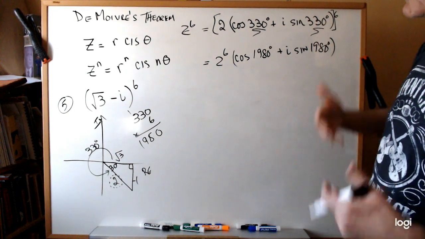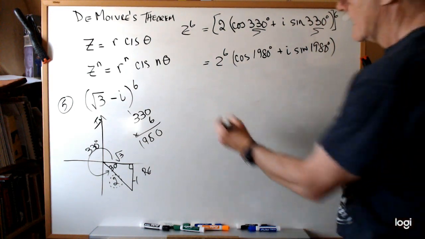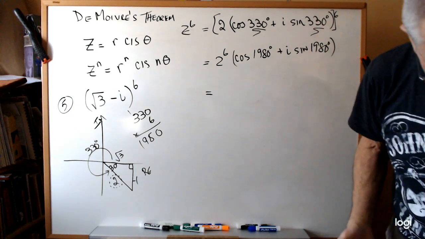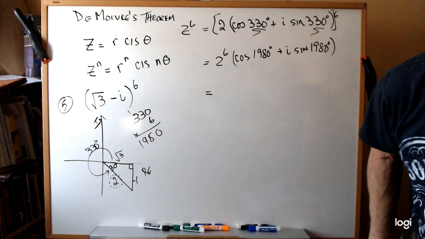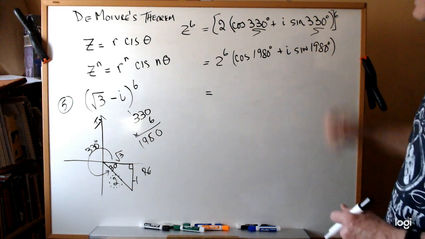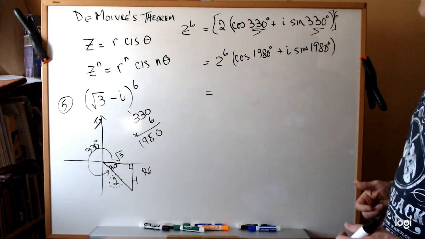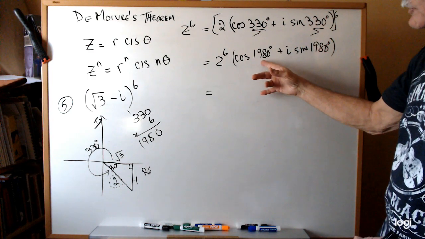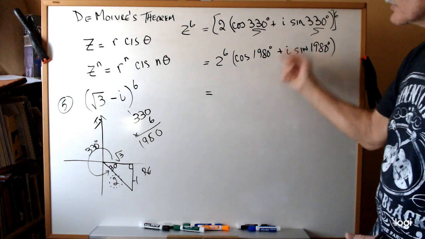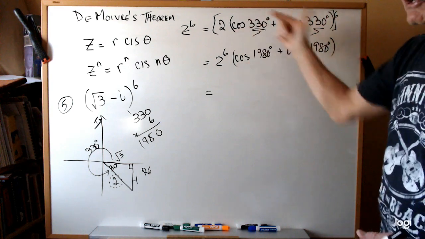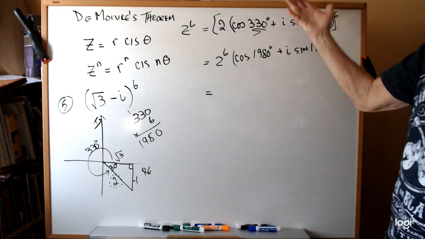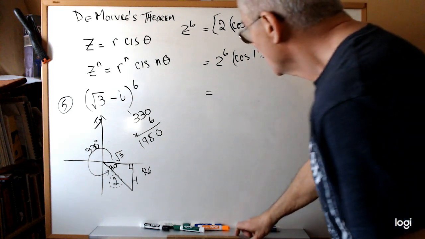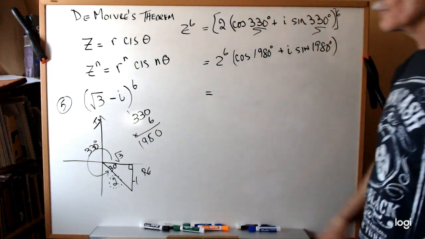What we want to do is we want to fix this up a little bit and see what this really is. In fact, we're going to come out with a nice expression for this, as you'll see. Okay, so this is more than a complete rotation. So what we need to do is we need to see not how many times it goes around, but where it ends up when it's done. Okay, so that means I'm going to take 1980 and I'm going to divide it by 360.